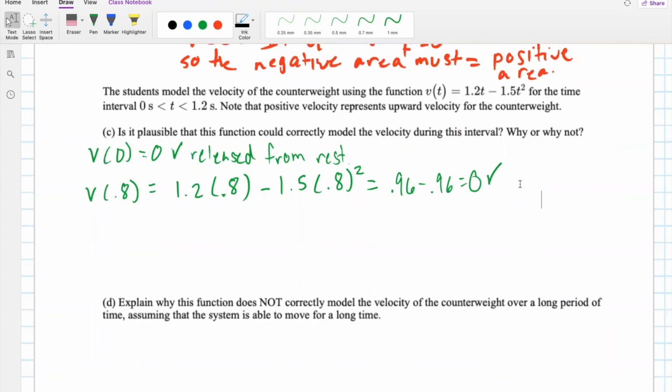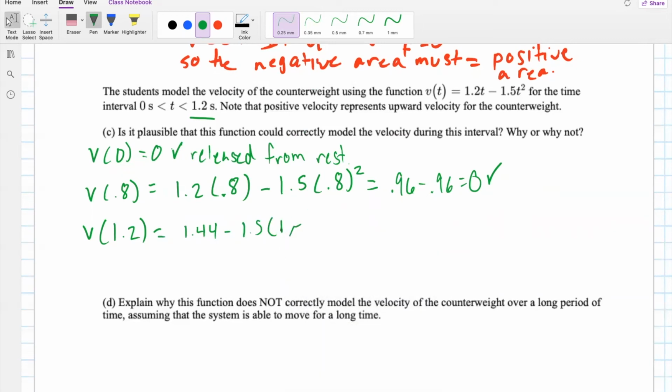Now let's go ahead and check the final state of our velocity at 1.2 seconds to see if it's valid not only at the beginning of our interval, at some point within the interval, and then at the later part. And so if we look at this, this becomes 1.2 squared, that's 1.44, minus 1.2 squared, that's 1.44, times 1.5.